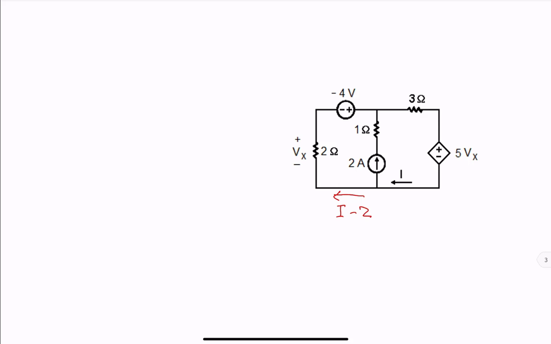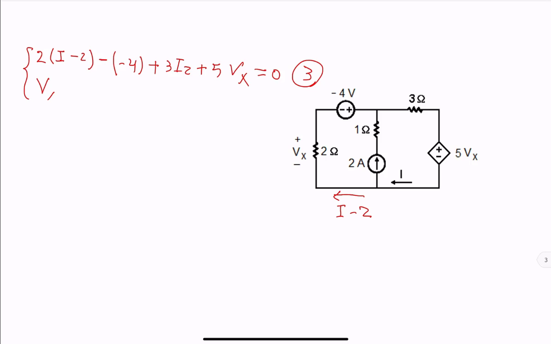We have 2 times I minus 2, starting at the lower left corner. We see the negative of the voltage source, so minus negative 4, plus 3I plus 5Vx equal to 0. Call this equation 3. And we need Vx.